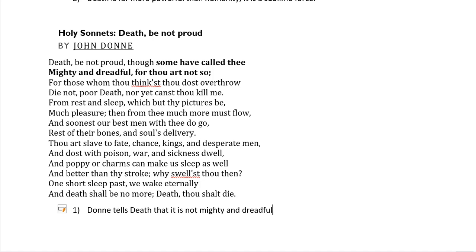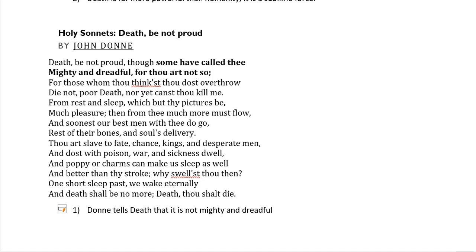And why does Donne think that? Well, as we go on, those thou think'st thou dost overthrow die not, poor Death, nor yet canst thou kill me. All right, strange, weird. From rest and sleep, which but thy pictures be, much pleasure, then from thee much more must flow. And soonest our best men with thee do go, rest of their bones and souls' delivery.